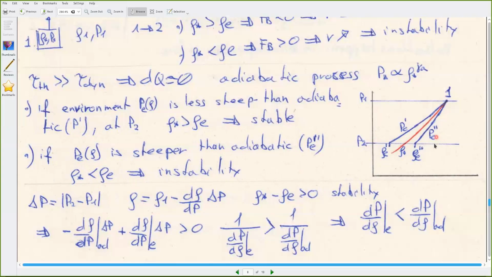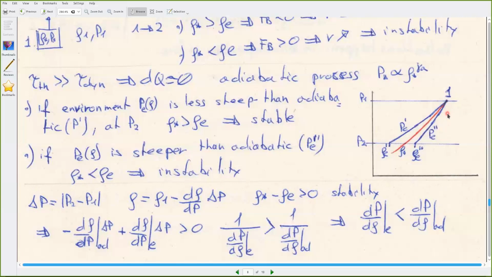The density at a certain point is the density at the beginning less the gradient multiplied by this delta P. It is just a Taylor approximation at this point: I approximated the function with the value at this point, the gradient at this point, and a small variation.